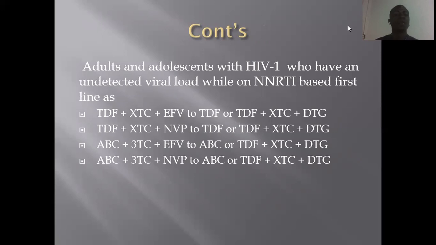If somebody has an undetected viral load, they can be put on TDF plus XTC plus EFV, or TDF plus XTC plus DTG, or TDF plus XTC plus NVP, or TDF plus XTC plus DTG.